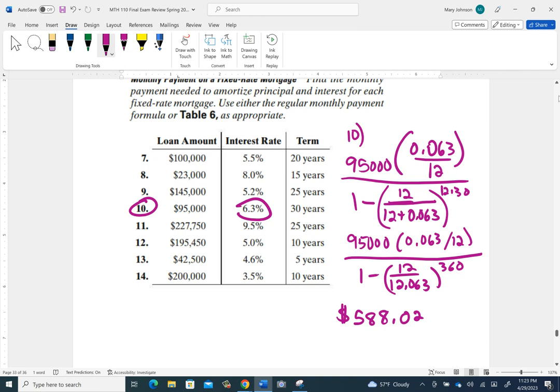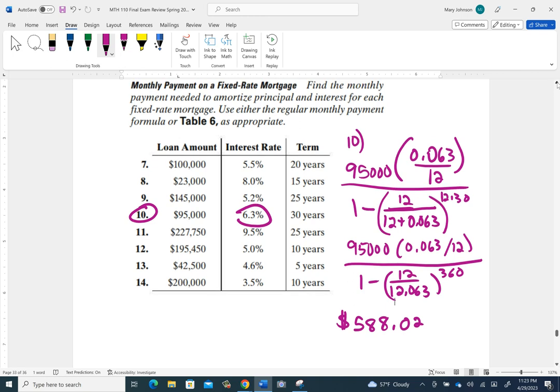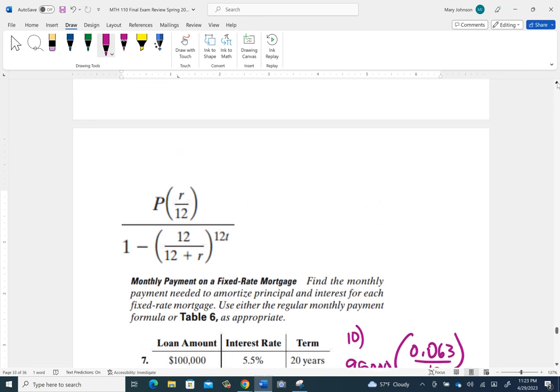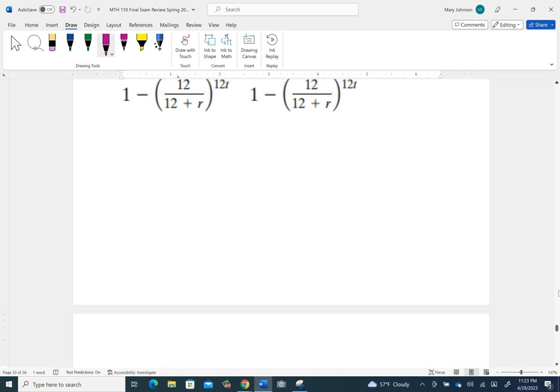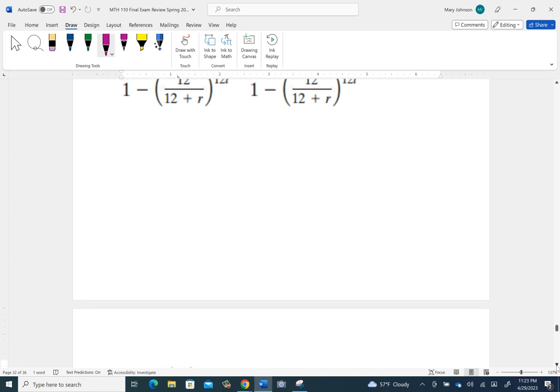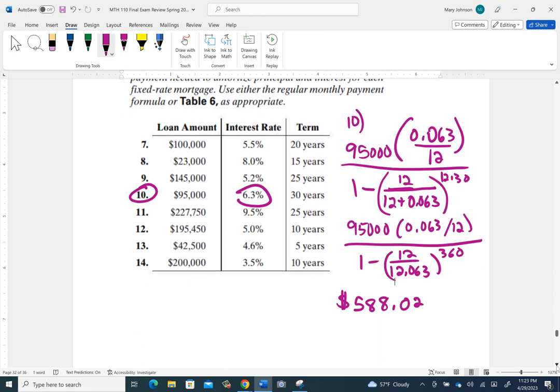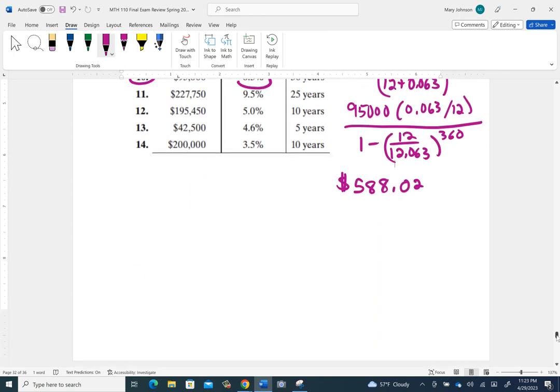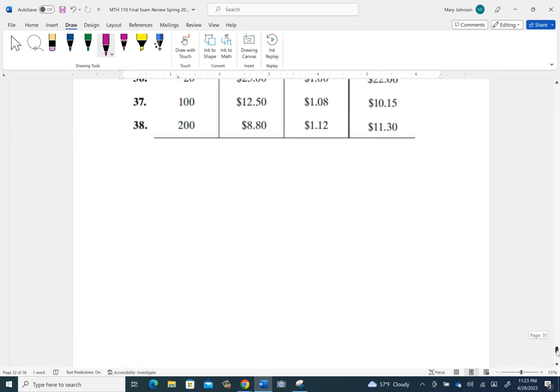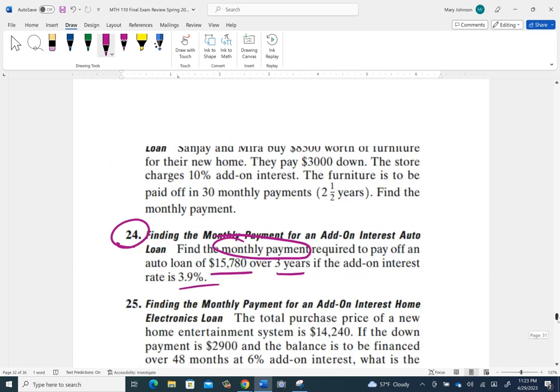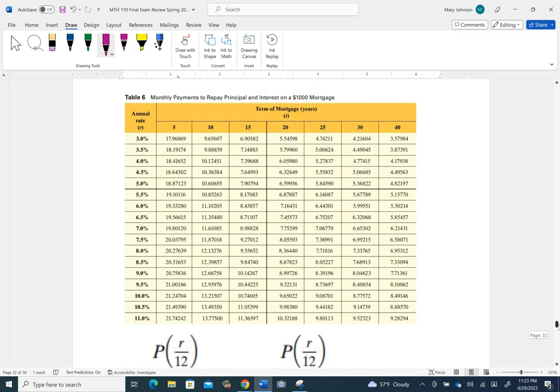So if you're doing one of these on the exam and you get one where you have to use the formula, you can look at the table. Where's the table? There it is. Look at 6% for 30 years.